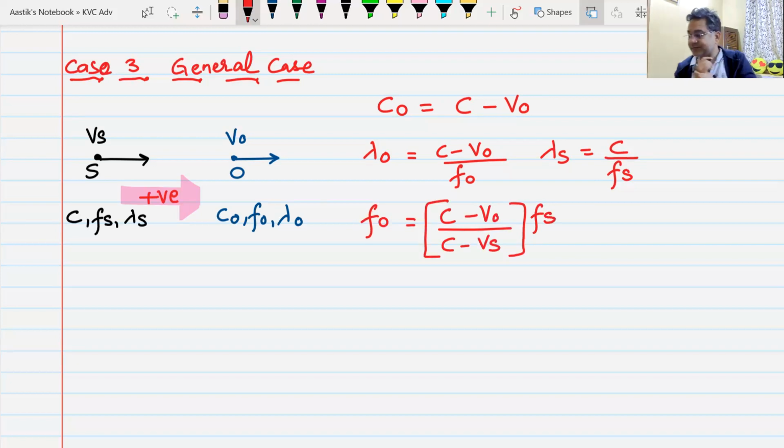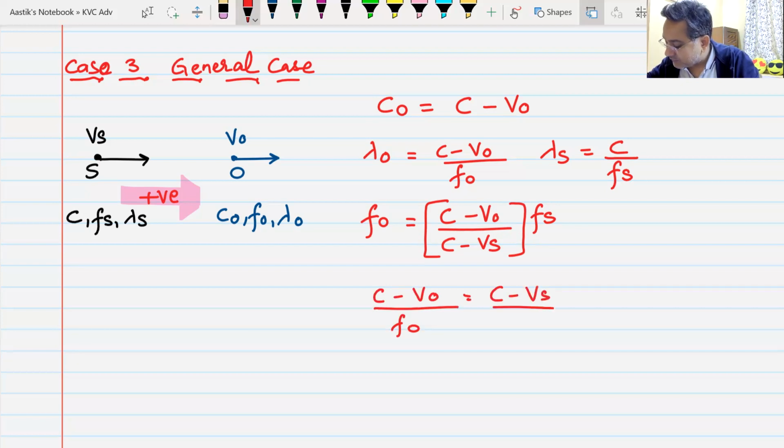Yes or no? So from here, I can also write C minus V naught divided by F naught is equal to C minus Vs divided by Fs, and this is nothing but equal to lambda naught.